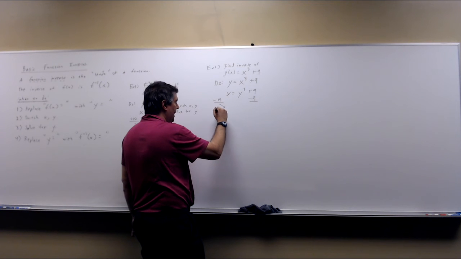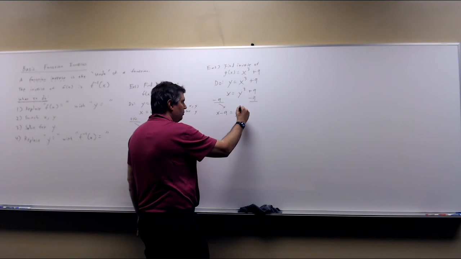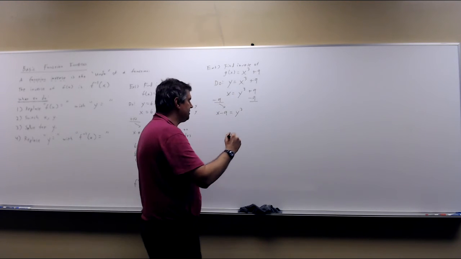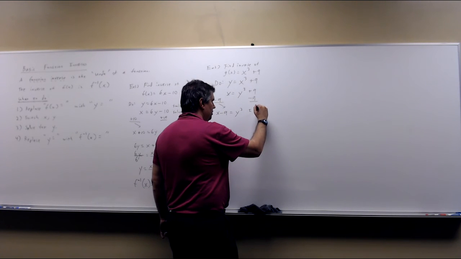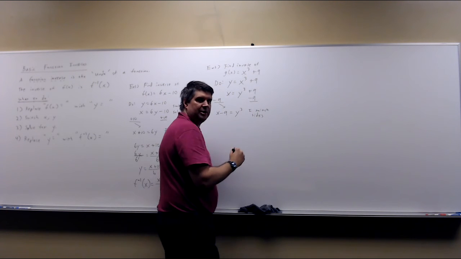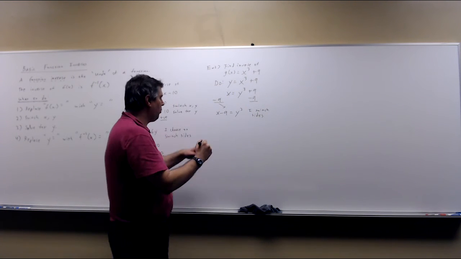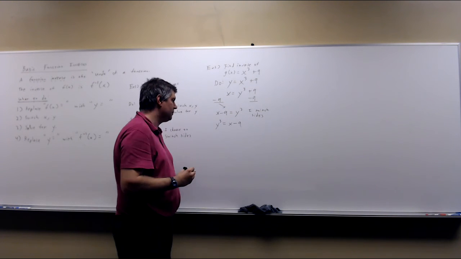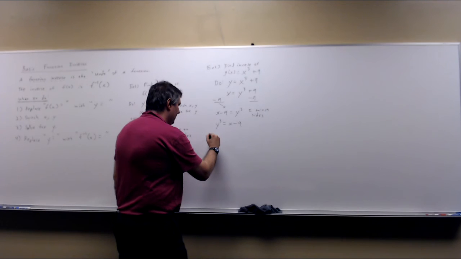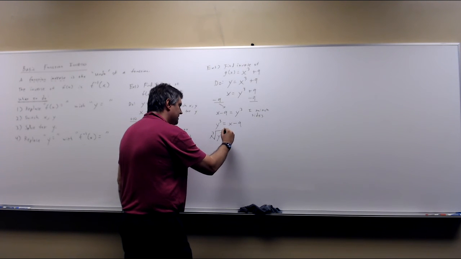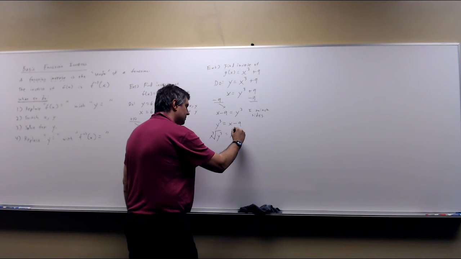And I end up with x minus 9 equals y cubed. Again, I'm going to choose to switch the sides, so that's going to be y cubed equals x minus 9. If I want to get y by its lonesome when it's raised to the third power, I need to take the cube root of both sides.